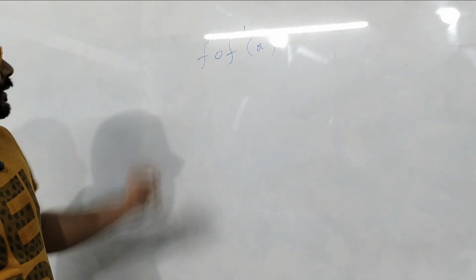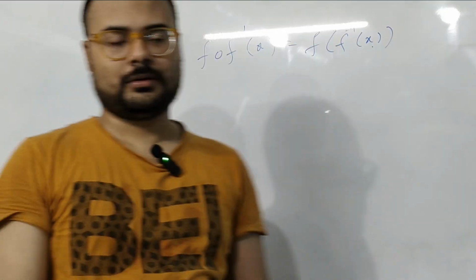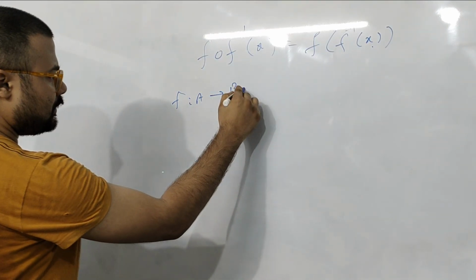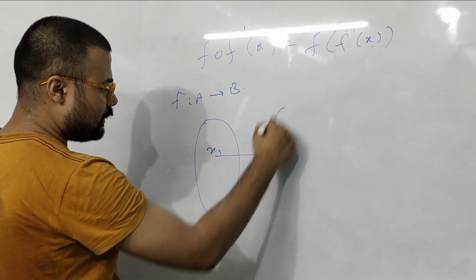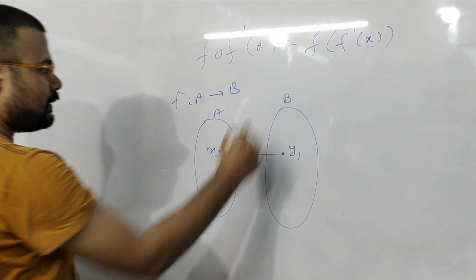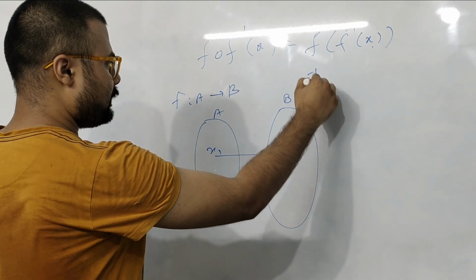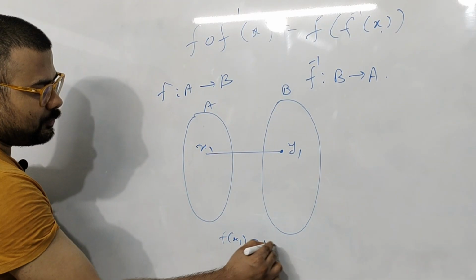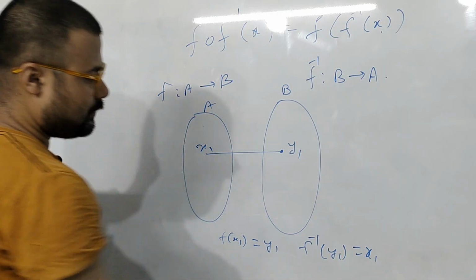Let's say f is a function from A to B, and there is an element x1 in set A which is mapped to y1 in set B. Then f inverse is from B to A. If f of x1 is equal to y1, it means f inverse of y1 is equal to x1.